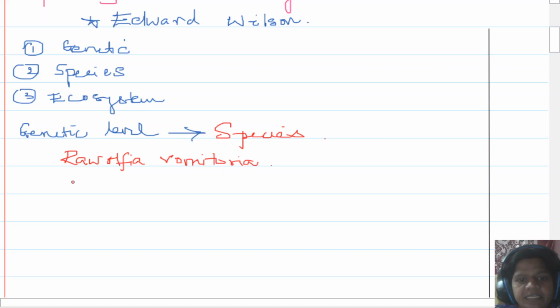This you can see growing in the Himalayan ranges. You see it in the Himalayas. This is one species. What do we get from Rauwolfia vomitoria? We get reserpine.